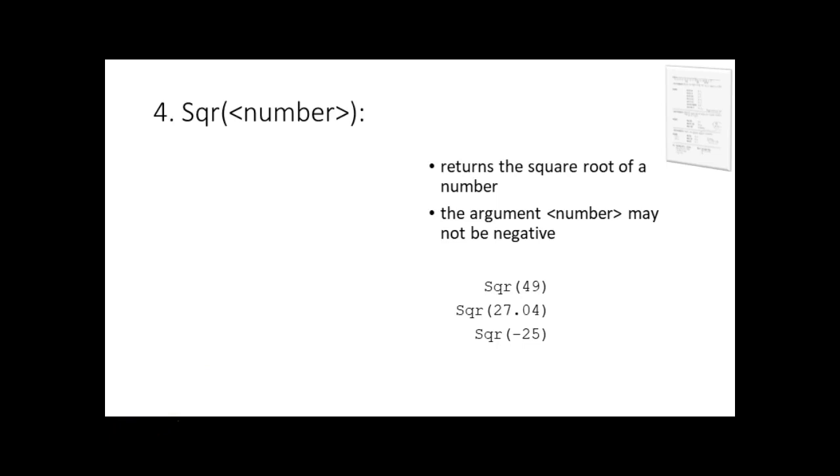The square root of 49 is 7. The square root of 27.04 is 5.2. I would be impressed if anybody could get that one without the aid of a calculator. The square root of -25, error.